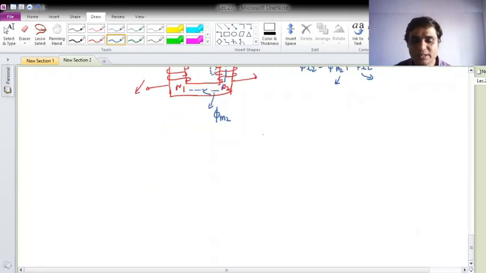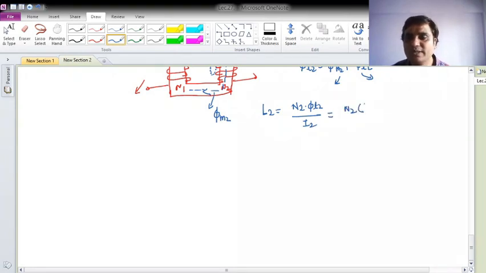Again, in the same way I can define the self inductance L2 equal to total flux linkage, which will be the number of turns N2 into phi T2 upon the current flowing, which is again N2 phi T2, the mutual flux plus leakage flux, divided by I2.